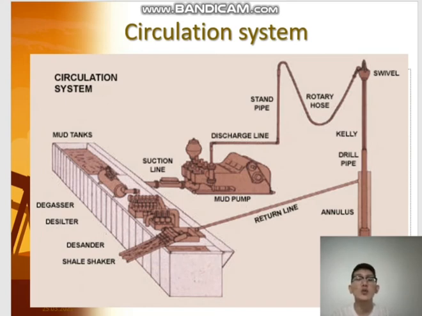From the annulus the mud with the cuttings goes to the return line, or flow line, to our shale shakers. Shale shakers clean our fluid of cuttings, and the fluid goes to our mud tanks, and our circulating system is also continuous.